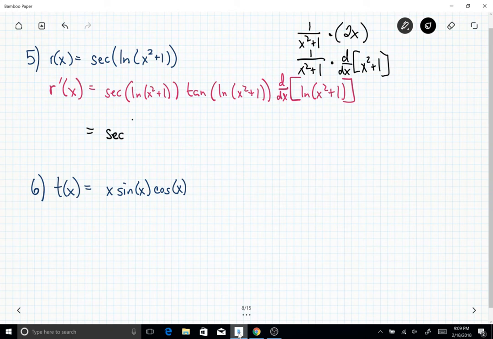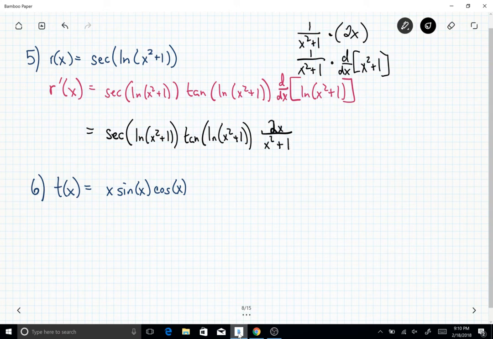We get secant of natural log of x squared plus 1, okay, times the tangent of the natural log of x squared plus 1 times, we just found that derivative, it's going to be 1 over x squared plus 1 times 2x, so I'll just put the 2x up top there. And that is a final answer.